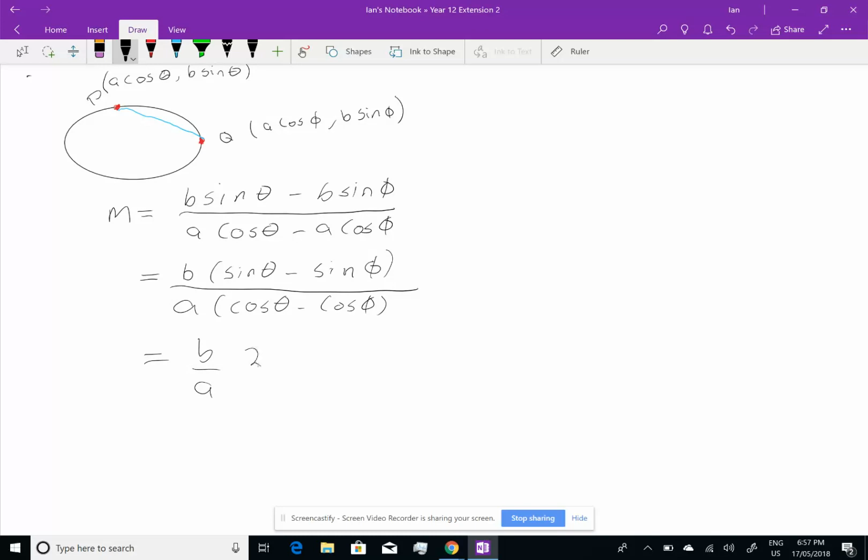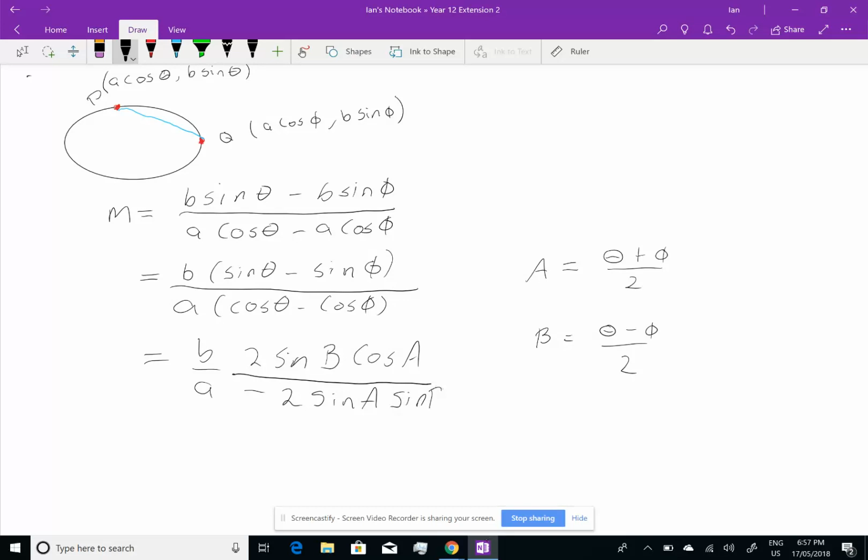And we're going to get 2 sine b cos a. Because remember, a equals theta plus phi on 2. And b equals theta minus phi on 2. And underneath, cos minus, I'm going to get minus 2 sine a sine b.